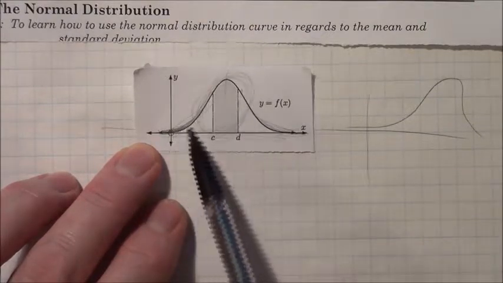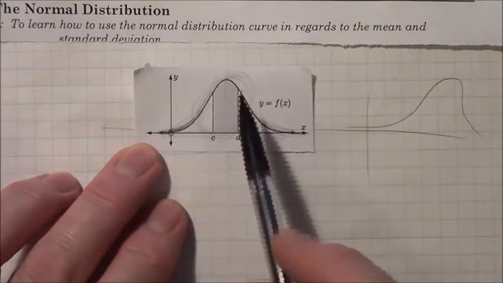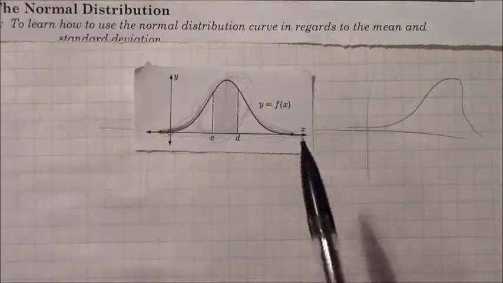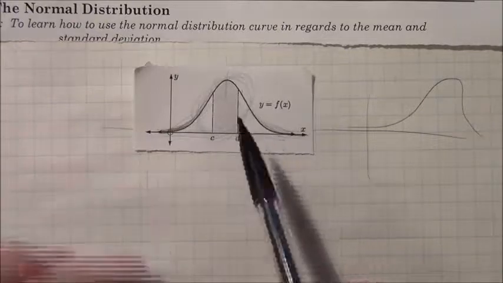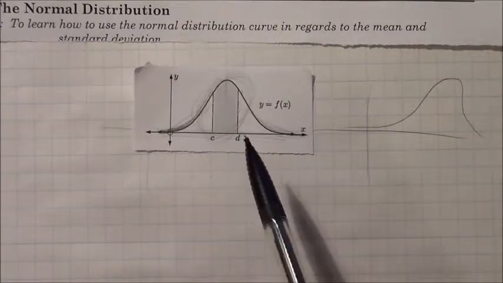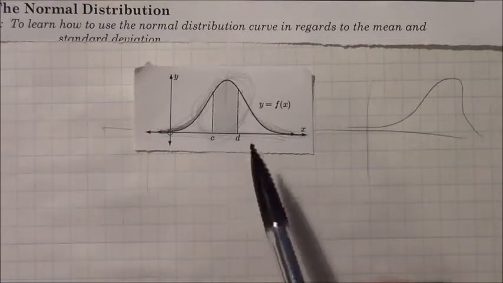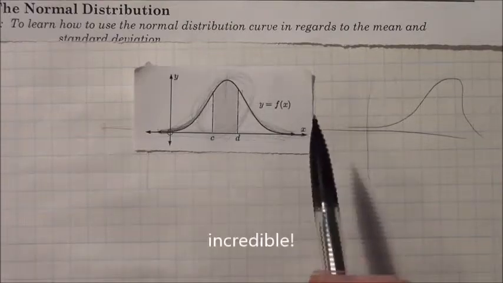The total area under the curve equals 1, and the percent of the data that lies between any two values in the normal distribution is equivalent to the area under the normal curve between those two values.